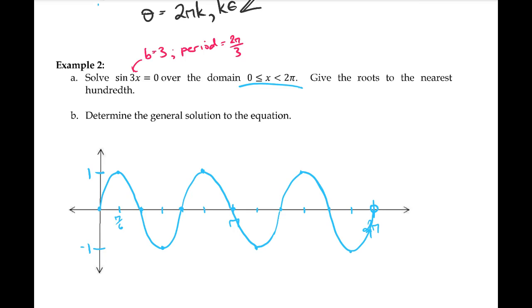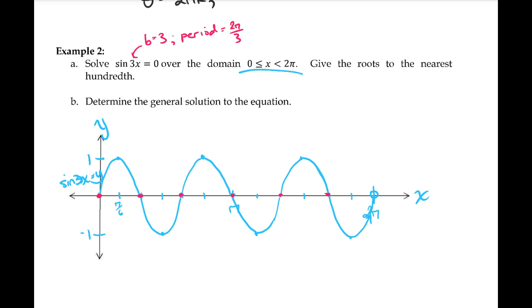So now that I've graphed sine of 3x equals y, basically, looking again, this would be y, and this would be x in this case, not theta. I'm going to look at when does it equal 0? Well, it equals 0 here, here, here, here, not here.